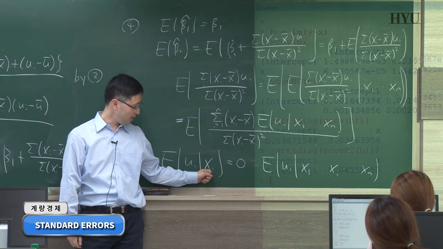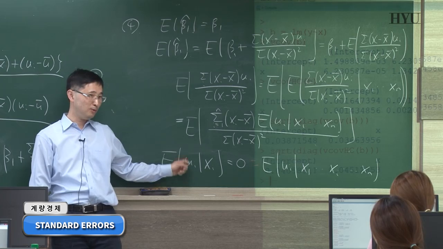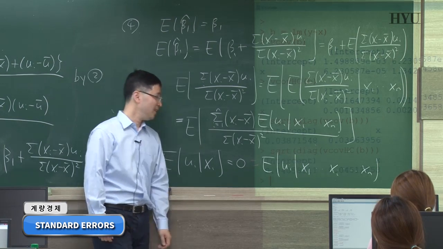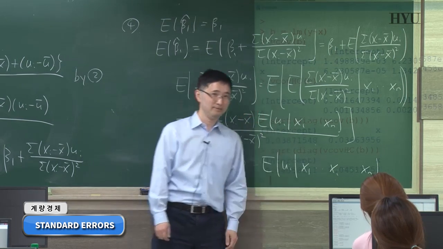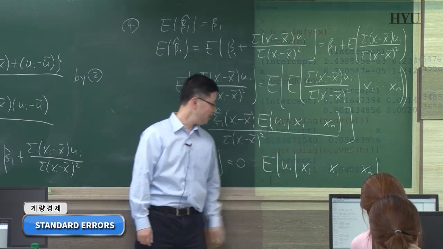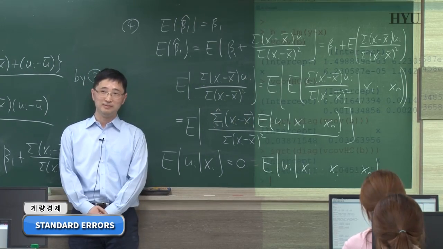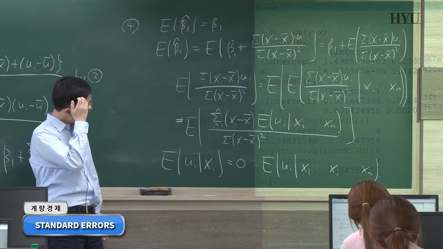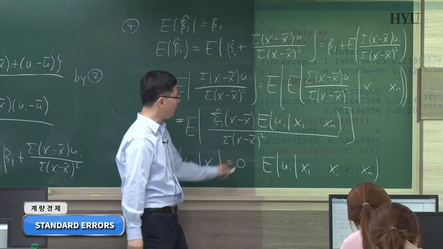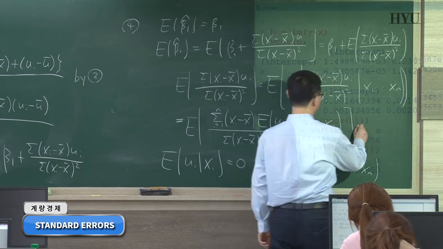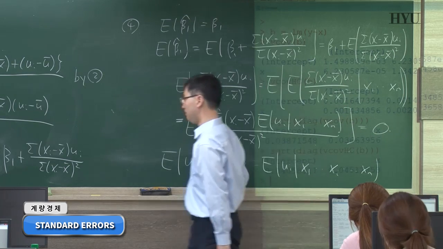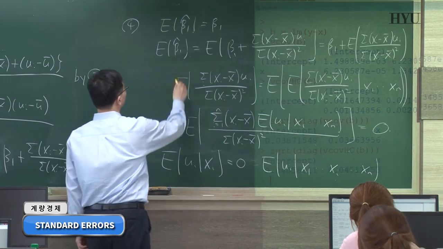If you know the value of xi, you can calculate the expected value of ui. That's 0. Now here, you know a lot more, including xi. Now it's the mean of ui. It has to be 0. I hope it makes sense. Anyway, this is 0, so everything disappears.